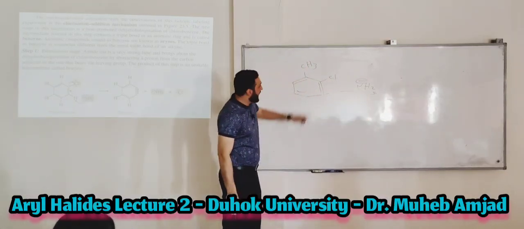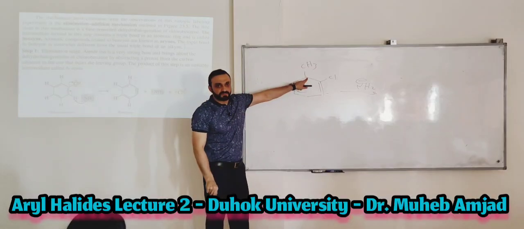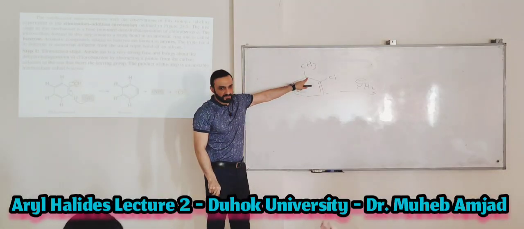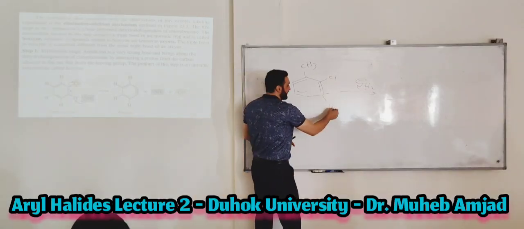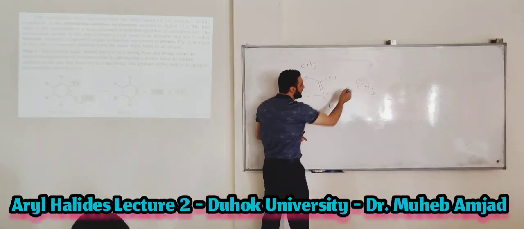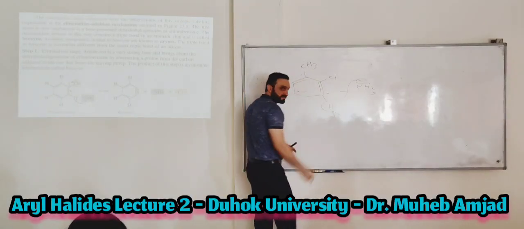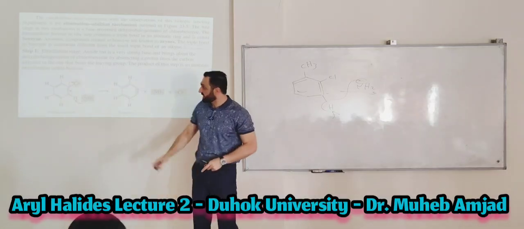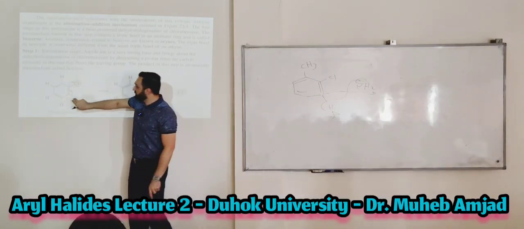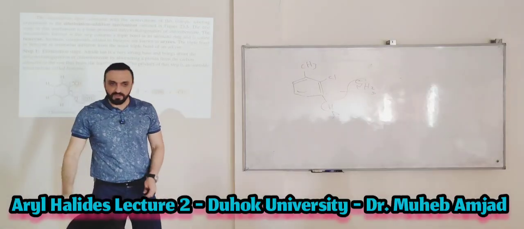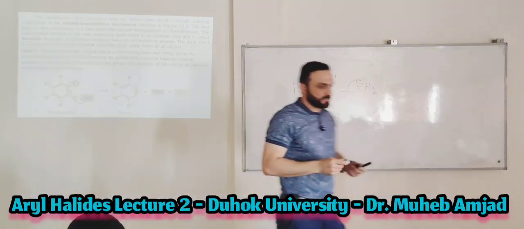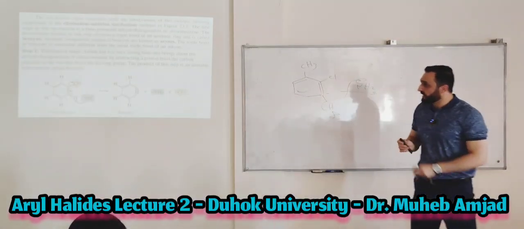Now, do we have a proton here? No, there is no proton here. We have one proton here. That means the NH2 will remove this proton. But in the previous example, you can remove this proton or that proton. There is no difference, both of them are the same.